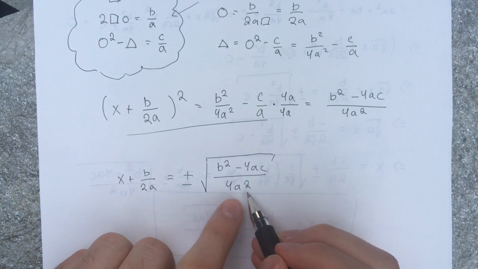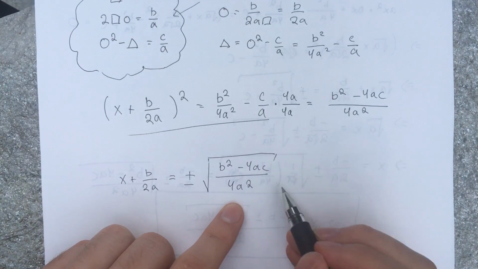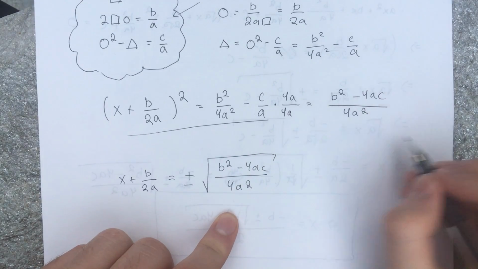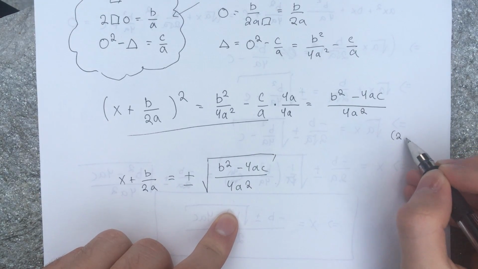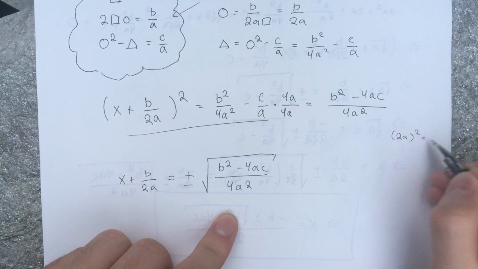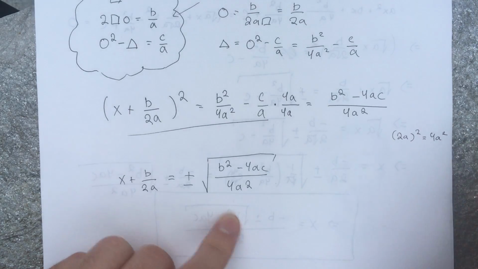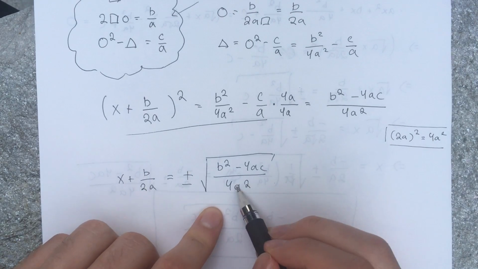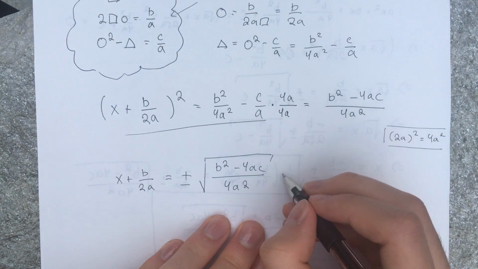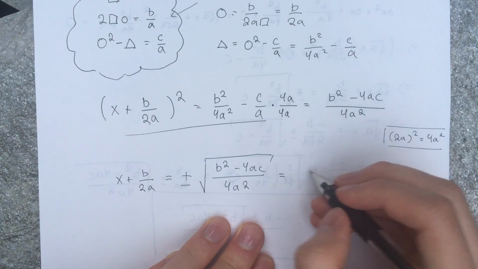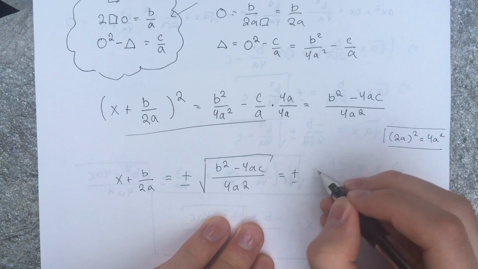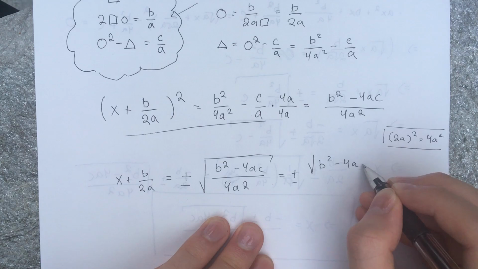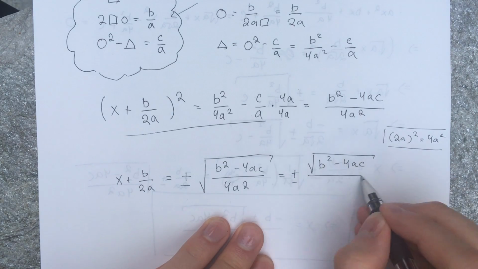And notice that 4a squared is really just the same as 2a squared. So using this information, we can pull out this 4a squared and say this is the same as plus or minus the square root on the top, b squared minus 4ac, over 2a.